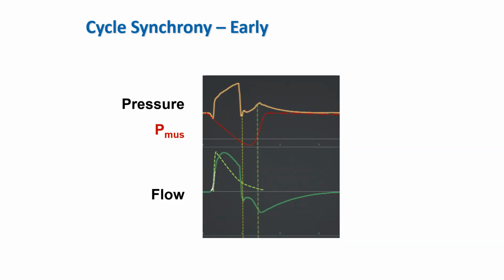So the patient's trying to inhale, the ventilator is trying to exhale, and you get virtually no flow at the very first part of exhalation until the patient relaxes, and then you get a normal expiratory curve. So this is a situation where the neural inspiratory time is longer and not shorter than the preset inspiratory time.